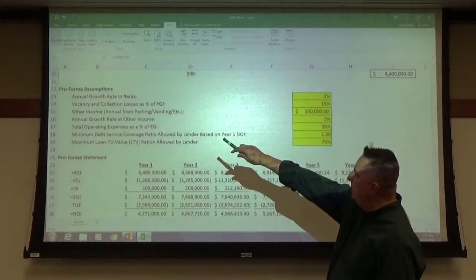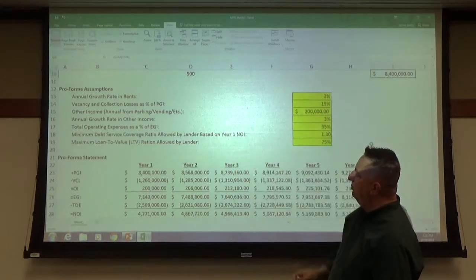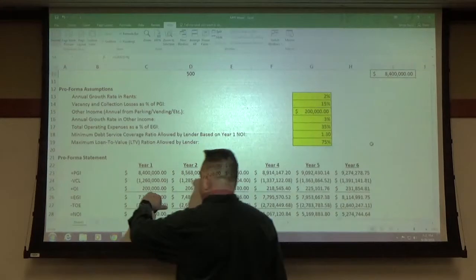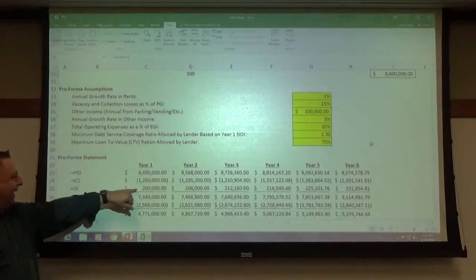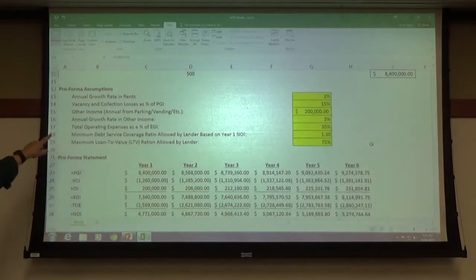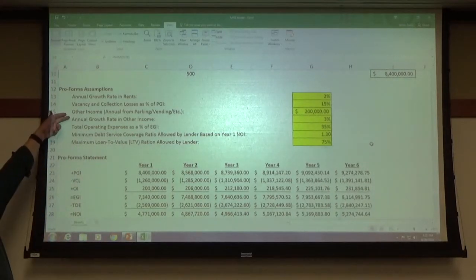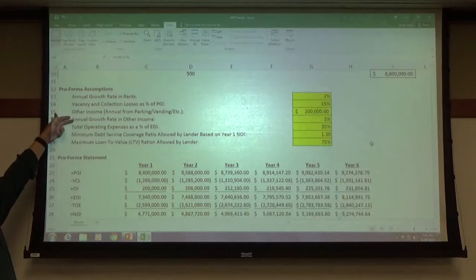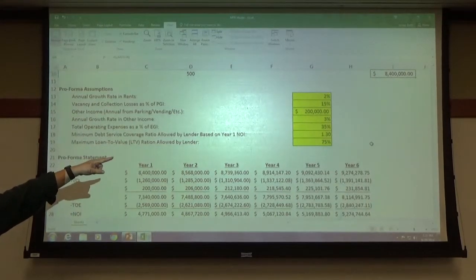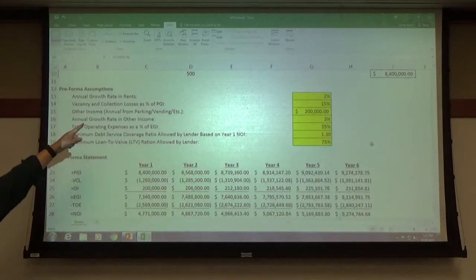Other income, annual from parking, vending, all those sorts of things. We start out in the first year with other income of $200,000. But right below that, we have an annual growth rate for the other income. Well, it's growing at a faster rate than the actual rental income.